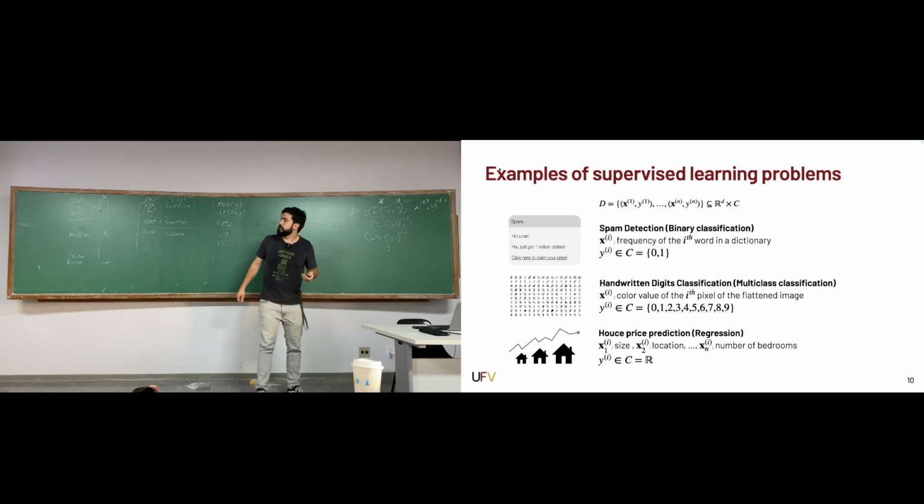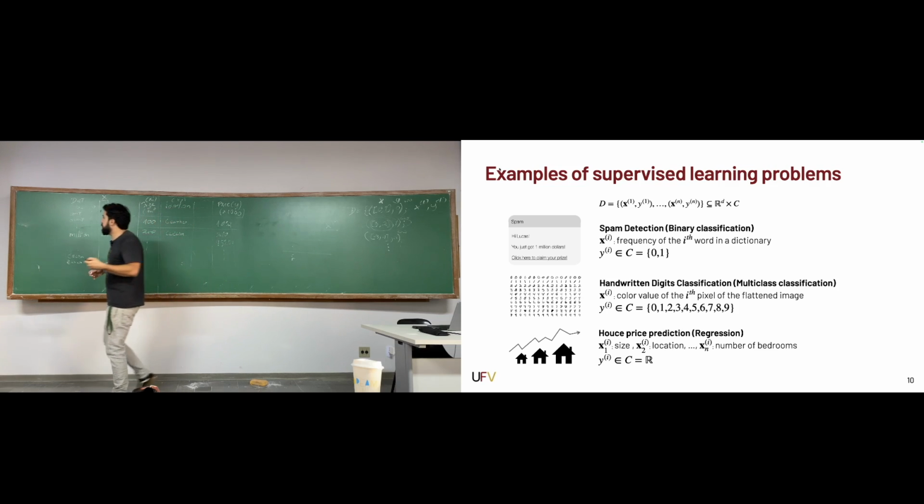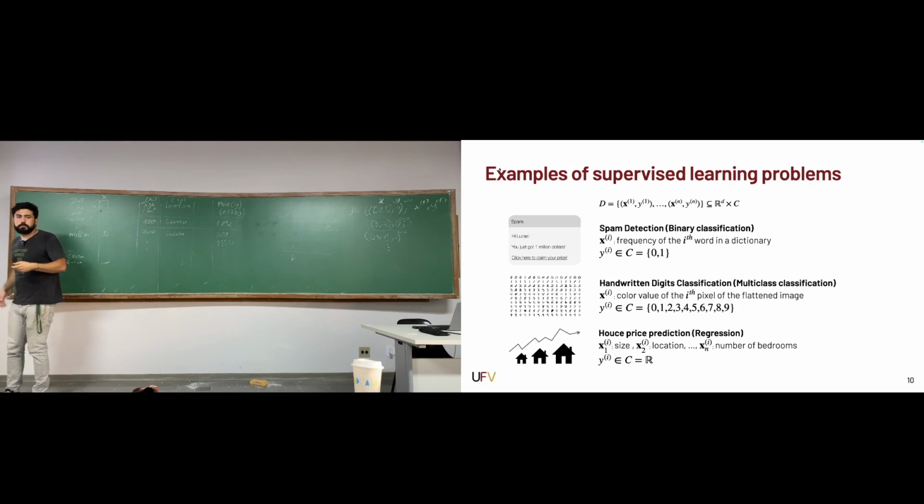That's fine. They could have different scales: maybe size goes from 0 to 1,000, price probably goes from 0 to maybe 1 million, 2 million, who knows, and you could have other features that go from 0 to 1. So that is all possible.